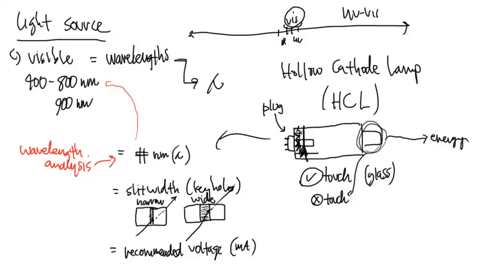And what you want is to make sure that you don't put too much energy into the light bulb. If you put too much energy into the light bulb, too much current, it's going to blow the light bulb and you will not be able to use it anymore.